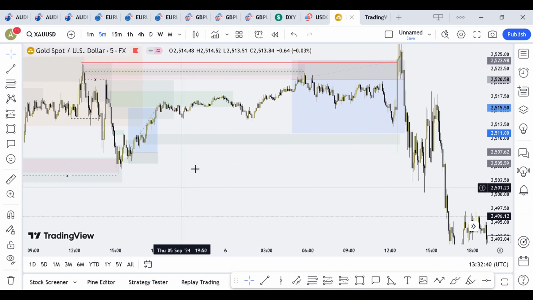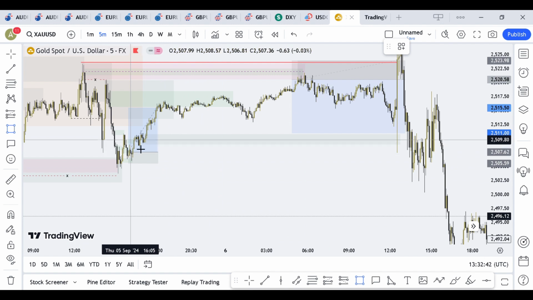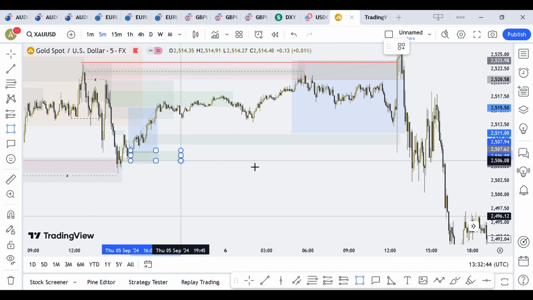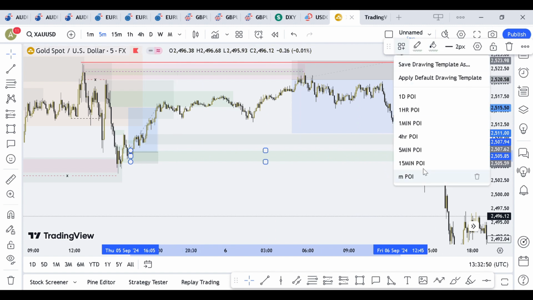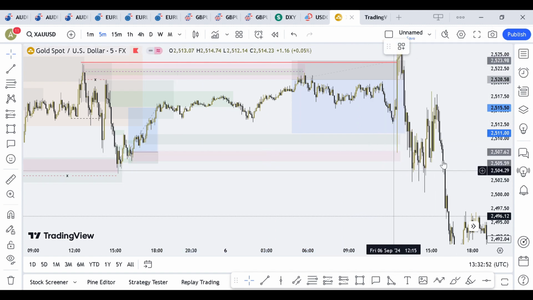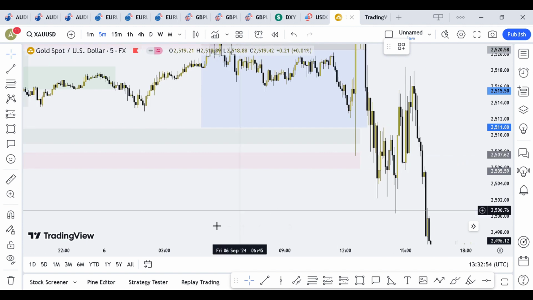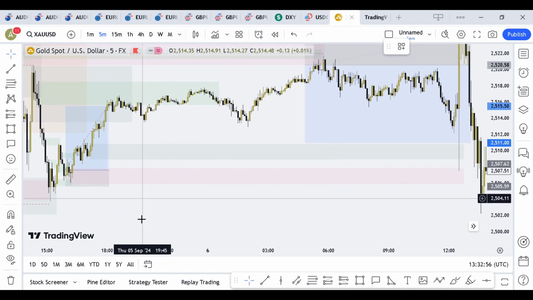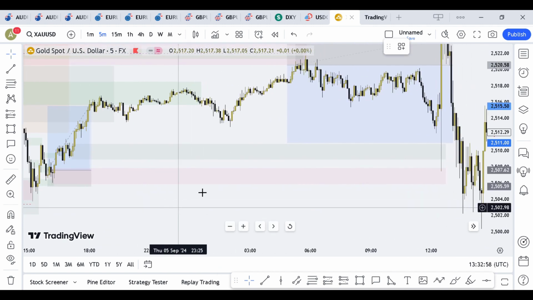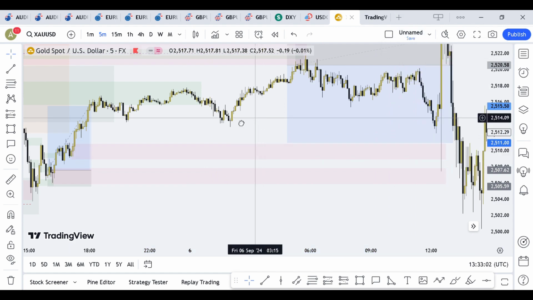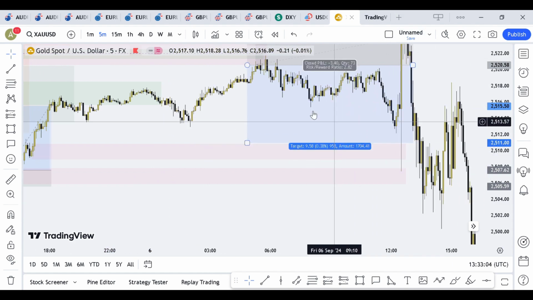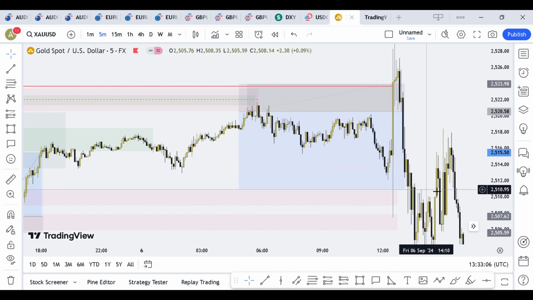So what is unfortunate is that price only came down to this 5-minute demand, which I wasn't at my station for, but I was expecting at least that to play out. Okay, so let me change this to my 5-minute demand for clear vision of the whole thing.